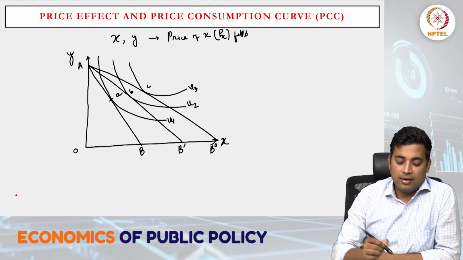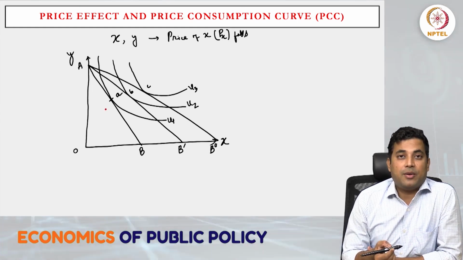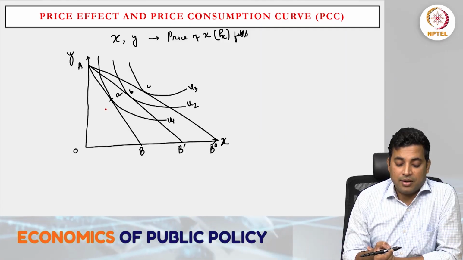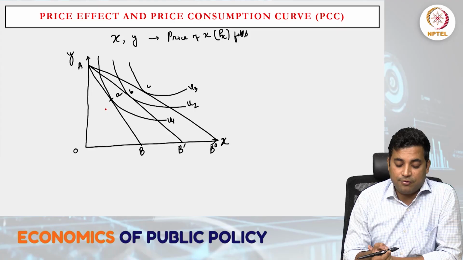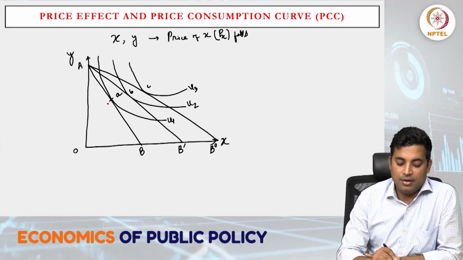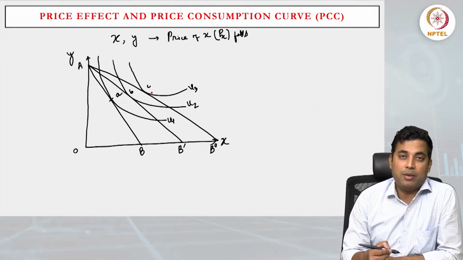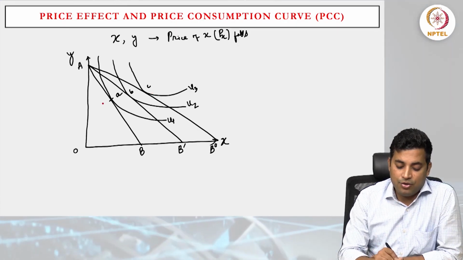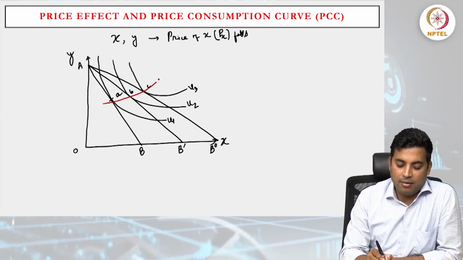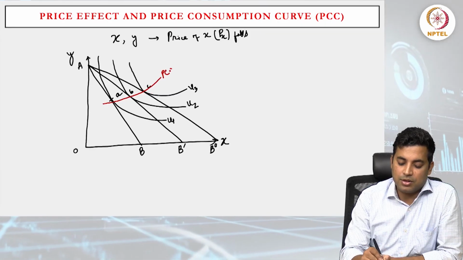Just like the income consumption curve, here the price of that particular commodity is constantly falling, and then we get new equilibrium points or utility maximization points. If we join them, we get the price consumption curve.